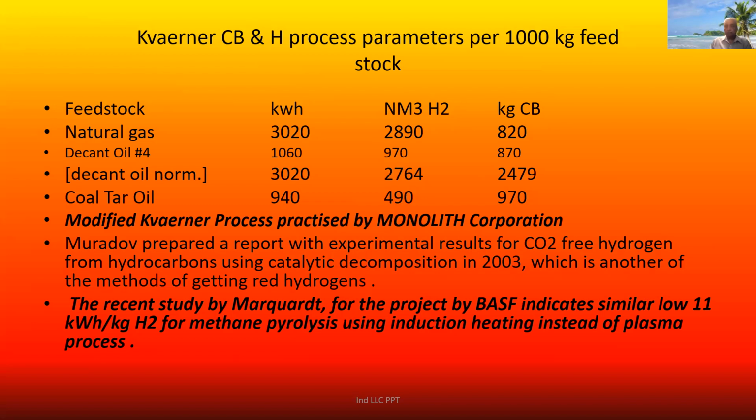During the 1990s, Murdoch worked on making carbon dioxide-free hydrogen with some experimental reactions using catalytic decomposition. It was published in 2003. And we are not showing some of the work that was done by Mihaly Beck in the 1990s and Franco Cataldo in the recent 20 years while studying fullerenes manufacture.